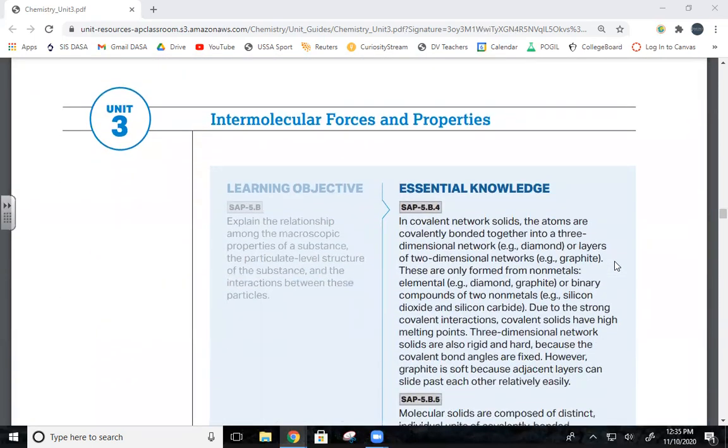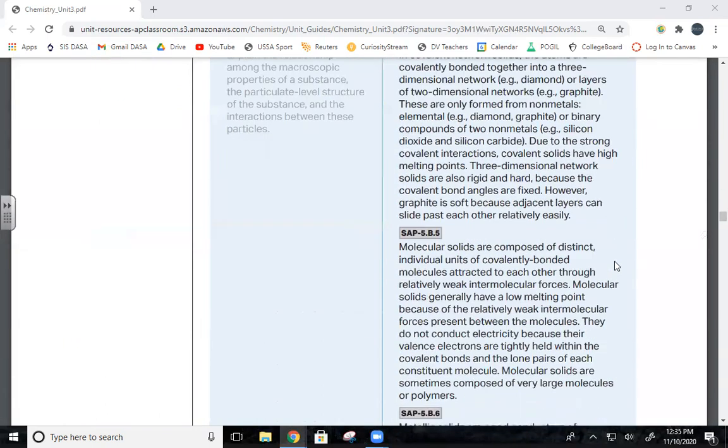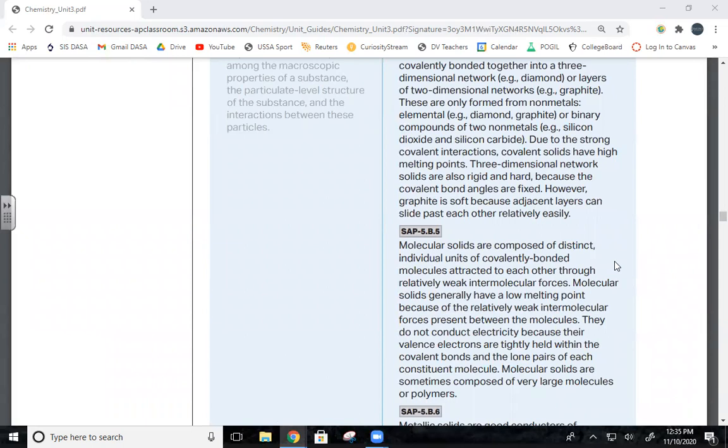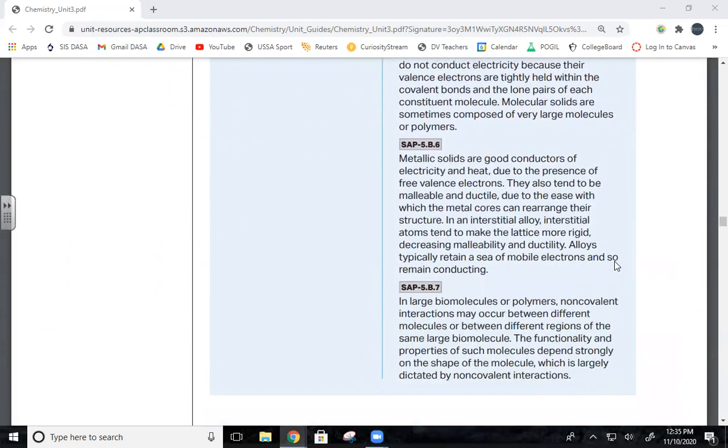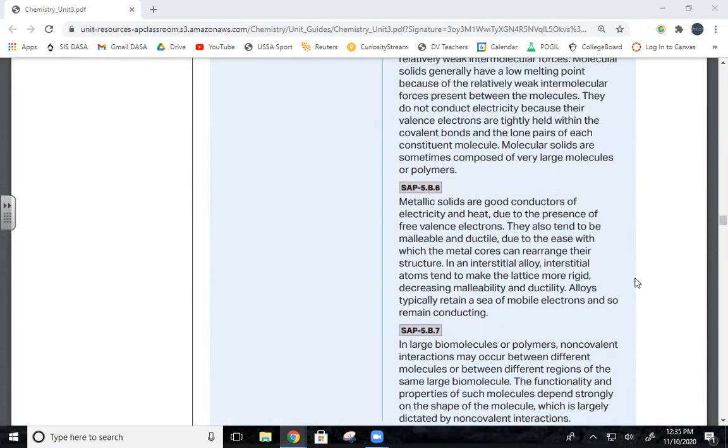And when they're liquids, they conduct electricity well. Covalent network solids have extremely high melting points. They are very good at staying together. Molecular solids are much more easily broken apart. Metallic solids have characteristics based on alloys and so forth and how the atoms are aligned. And then don't worry about the biomolecular polymer part, okay?